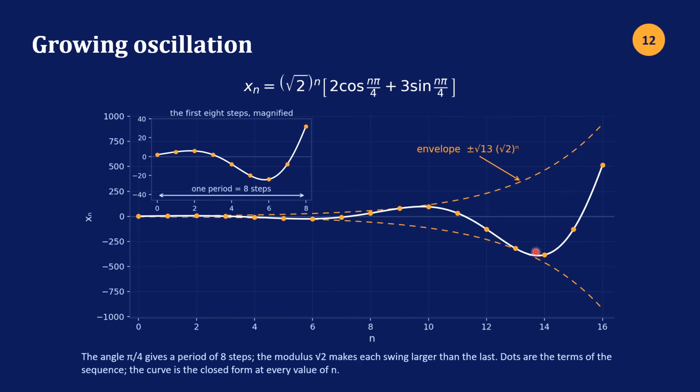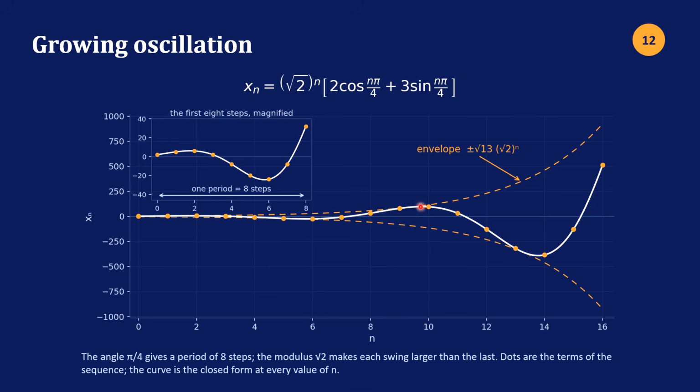This white line here. It's a little bit hard to see before you hit 8. So this is a blow up, and it's sort of an exaggeration of here, but it's already like 1 oscillation when you hit 8. And then you're going up again and down again. And it's basically bounded by plus or minus the square root of 13 times the square root of 2 to the n.